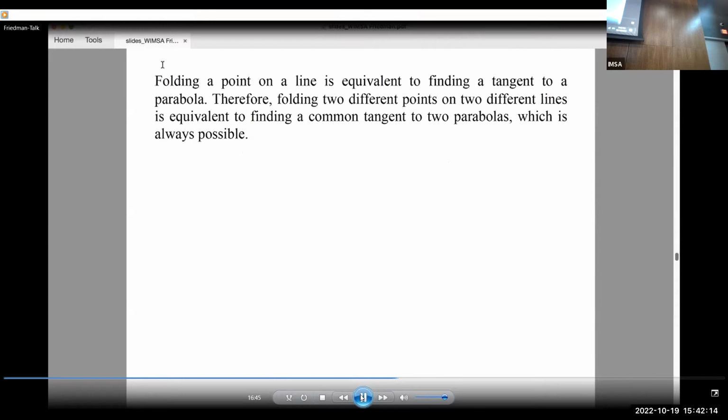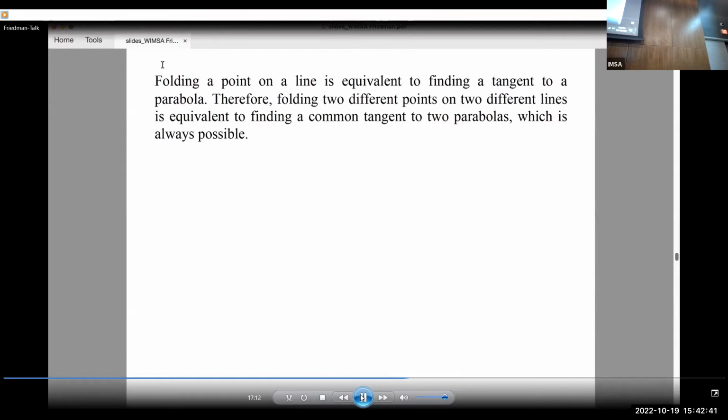So, to recall briefly, folding a point onto a line is equivalent to finding a tangent to a parabola, which is exactly what Rao showed us. Therefore, folding two different points onto two different lines is equivalent to finding a common tangent to two parabolas, a construction which is always possible.